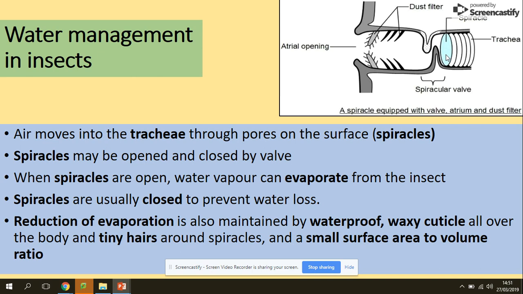Another adaptation is that insects have a waterproof waxy cuticle over the body with tiny hairs around the spiracles, which reduces evaporation, and also the fact that they have a small surface area to volume ratio will reduce the evaporation as well.